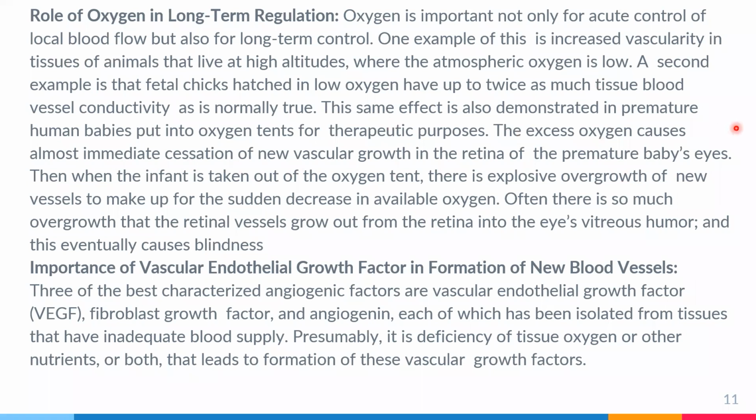Because oxygen guides the amount of vasculature, inside the oxygen tent, as there is a lot of oxygen present, the vasculature inside the retina of the premature baby's eyes completely stops. But when the infant is taken out of the oxygen tent, there is explosive overgrowth of new vessels to make up for the sudden decrease in available oxygen.